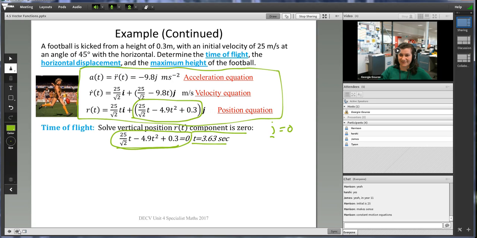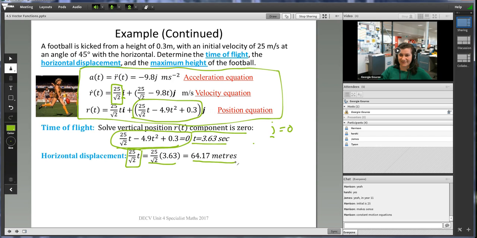Yep, so the velocity of this thing in the horizontal is a constant value. It's 25 on root 2. Now it's going to travel at this horizontal component for 3.63 seconds. So we're going to be able to work out the displacement by just multiplying the velocity by the time for the horizontal component. Works out to be 64.17 meters in the horizontal.